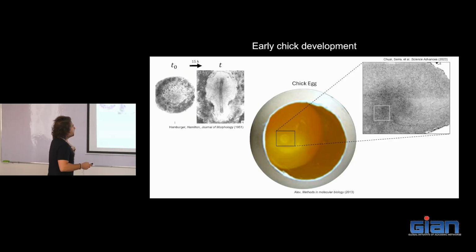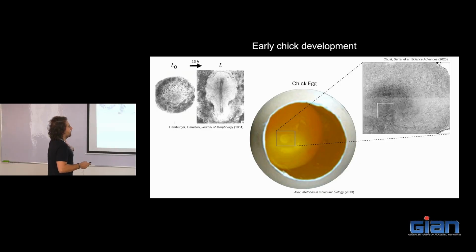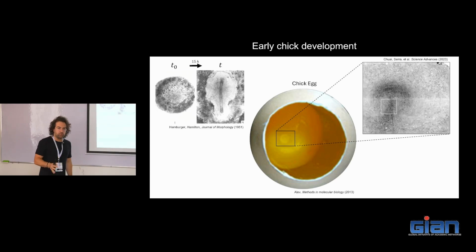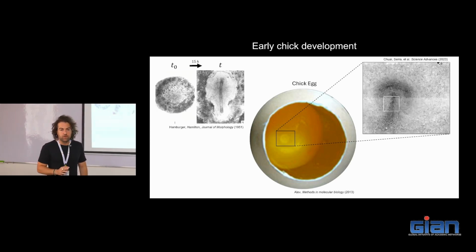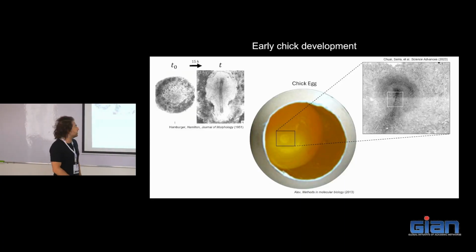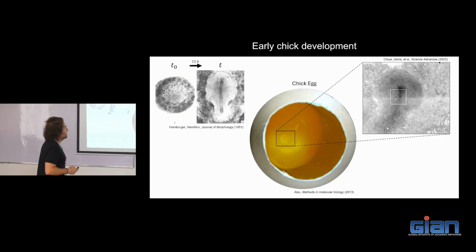Why this is important, again, because this is when you establish your main body axis and bilateral symmetry, and this is also when the first germ layers are starting to form. So basically if you mess up this stage of development, you're very likely going to have irreversible consequences. Okay, that's basically the biological relevance of looking at this system.